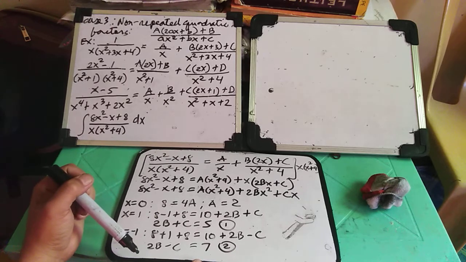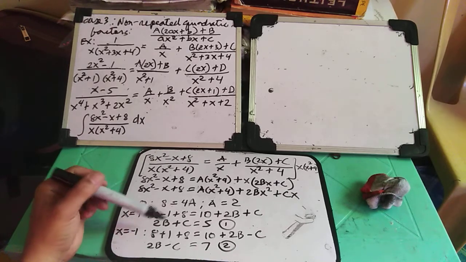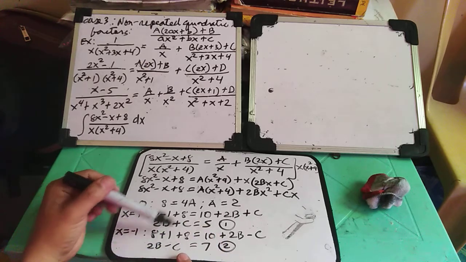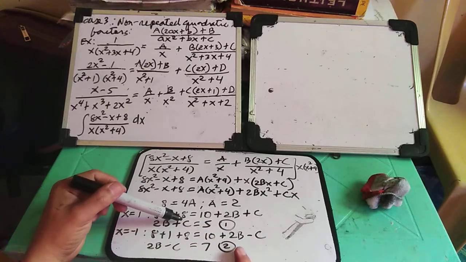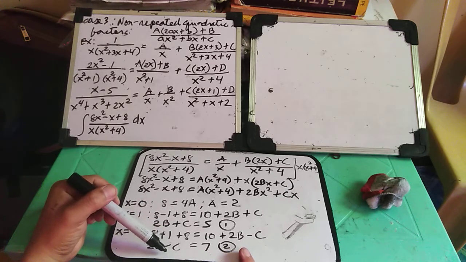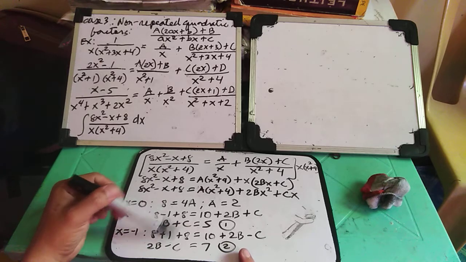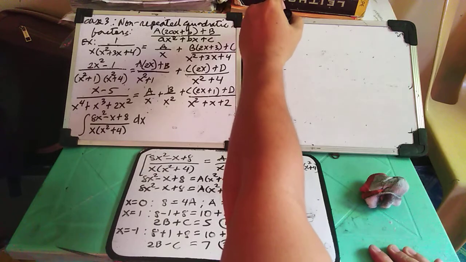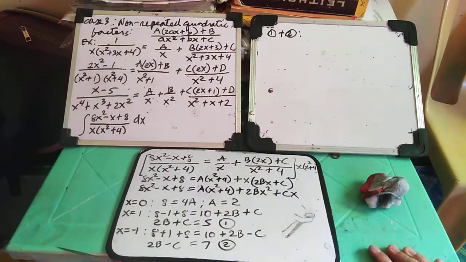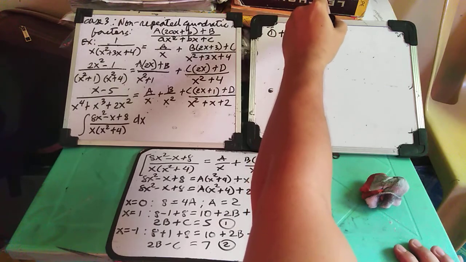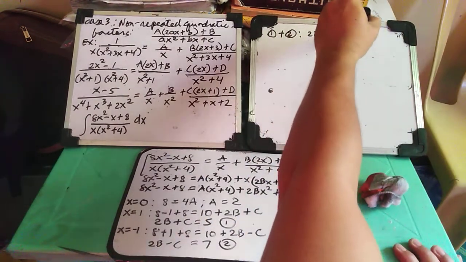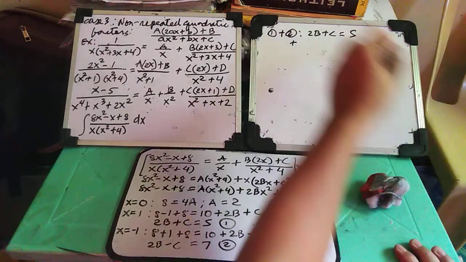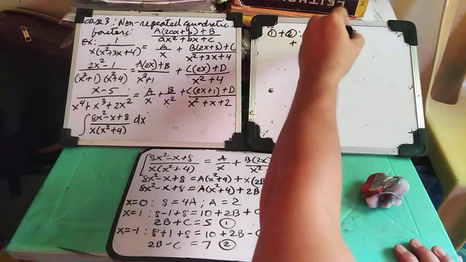So to solve for b and c, we add equations 1 and 2 to eliminate c, since the signs of c are opposite, so that is equal to 0. So equation 1 plus equation 2: 2b plus c equals 5, plus 2b minus c equals 7.